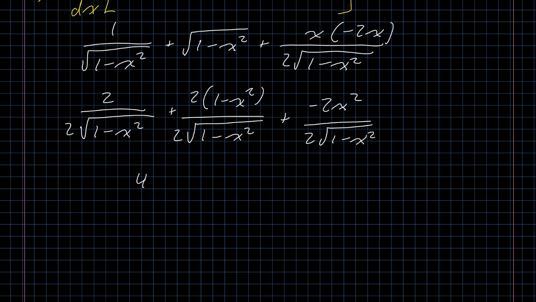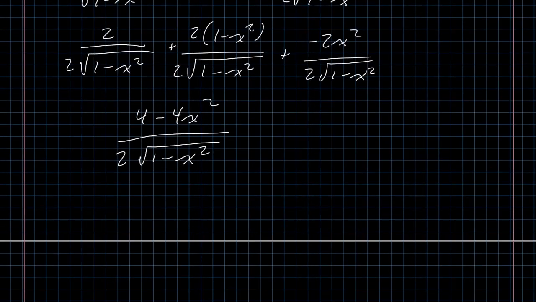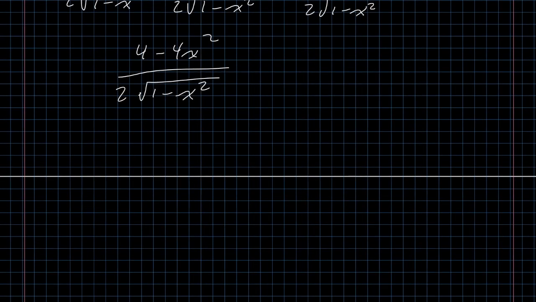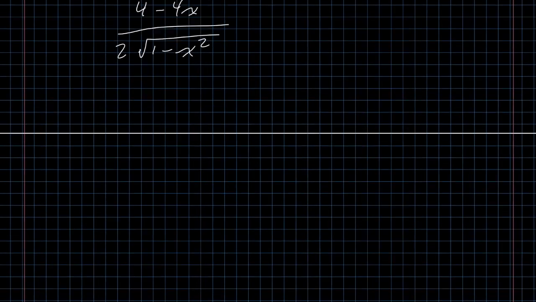We'll have a minus 2x squared and another minus 2x squared, which is minus 4x squared. Drag out that common factor of 4 in the numerator.